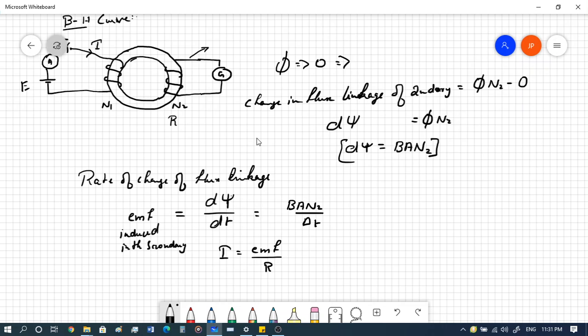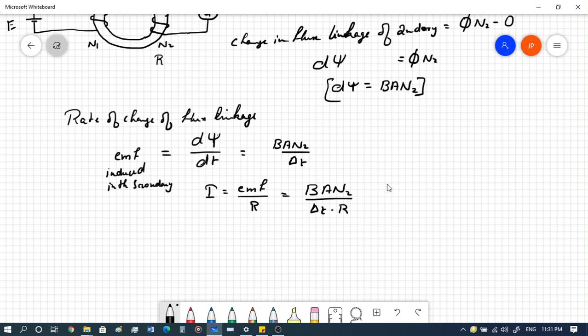I mean, we can look at the inductance, there are no issues, but it doesn't make any difference at the end of the derivation. So we'll just go with the simple derivation with the resistance over here. So here we'll get it as B A N2 by delta T into R.